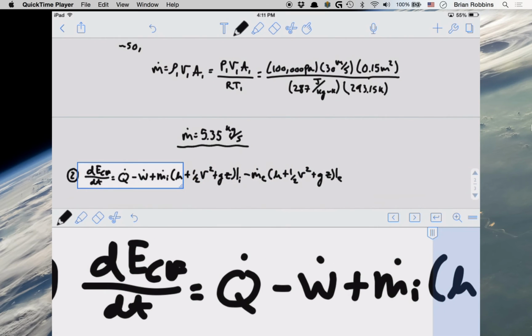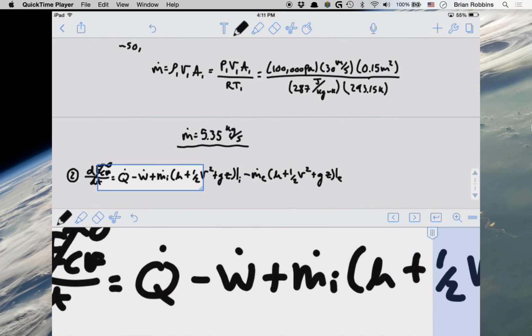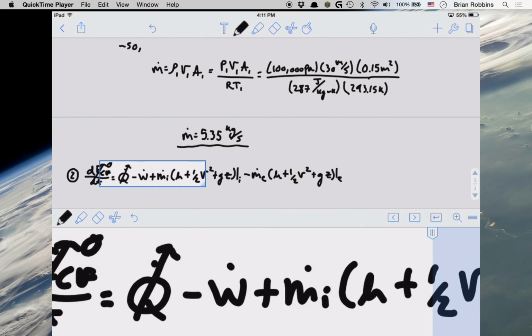Okay, so going back to our assumptions, we already said that we have a steady state problem, so our dE_CV/dt term is just going to go to 0. We also said that our compressor is well insulated and therefore adiabatic, which means that we have no heat transfer between the surroundings and our compressor and vice versa. So our Q dot is just 0 as well.